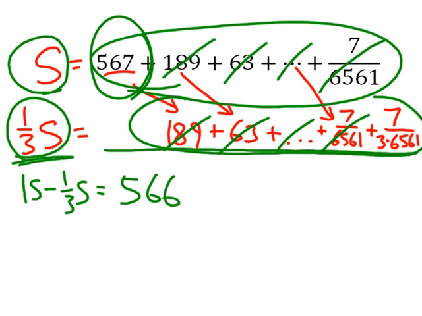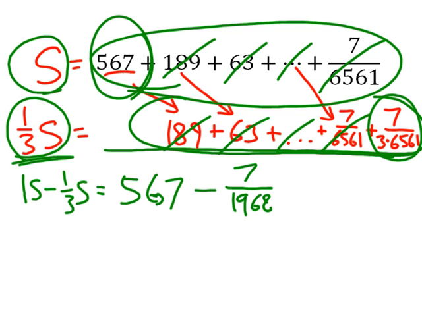And then that final term that ended up in the bottom row. Now remember, I'm subtracting that bottom row. Whoa, I just noticed I wrote 566, didn't I? Not sure why that happened, but minus that final term in the bottom row. So that's 7 over 3 times 65,61, which is the same as 19,683.